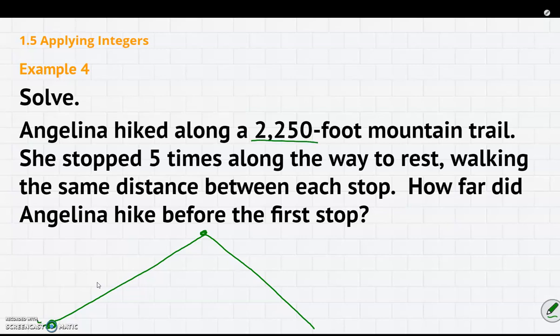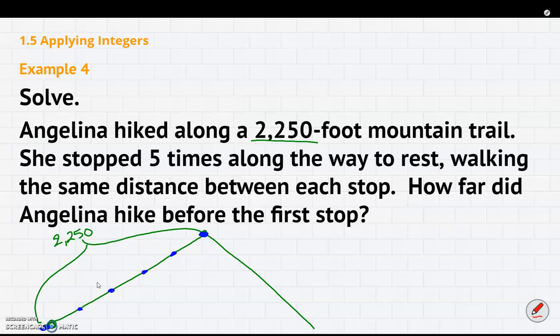So to go from the bottom all the way to the top, that total distance is 2,250 feet. Okay? And it says she stops 5 times along the way. So she starts her journey here, and she maybe goes up to here and stops. That's 1. 2 stops, 3 stops, 4 stops, 5 stops. Okay? So there's all of her stops.